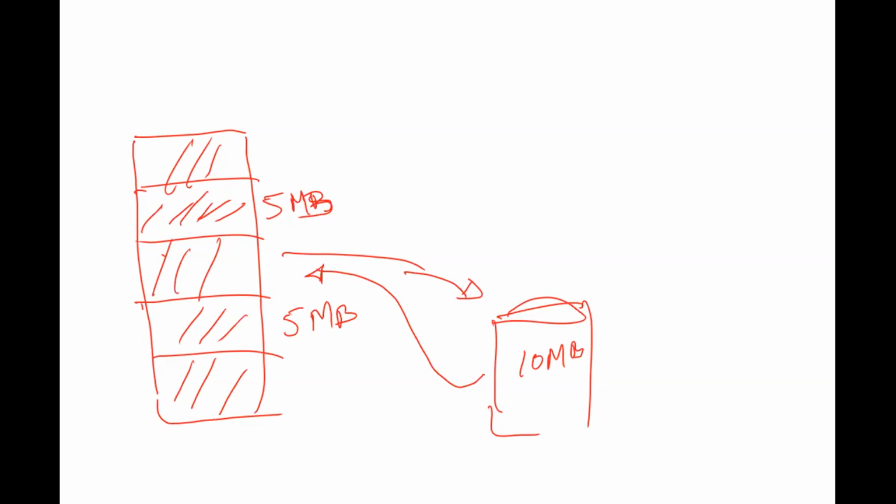If you can divide your process and allocate it in two different locations, you can also solve the external fragmentation problem. Also, you can fit many processes inside your memory or RAM.